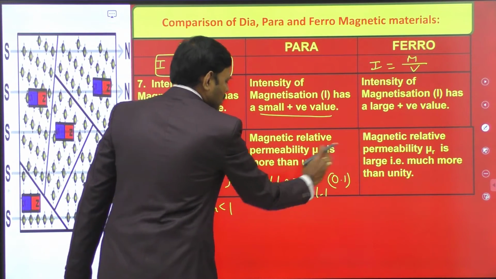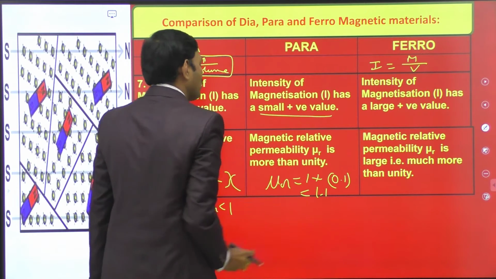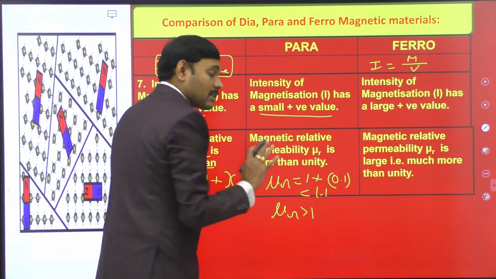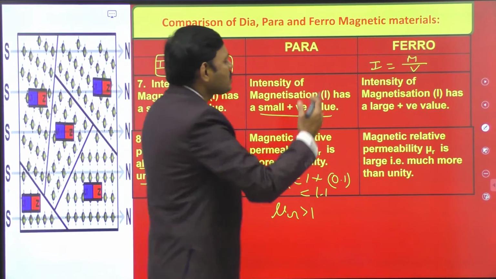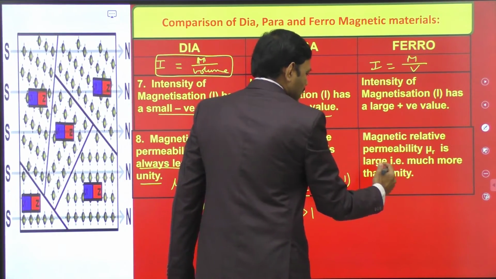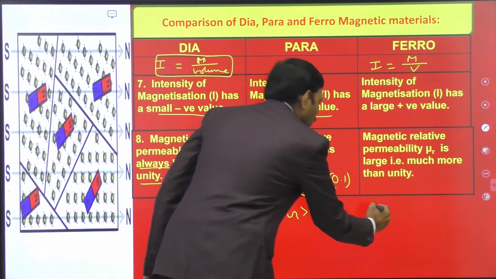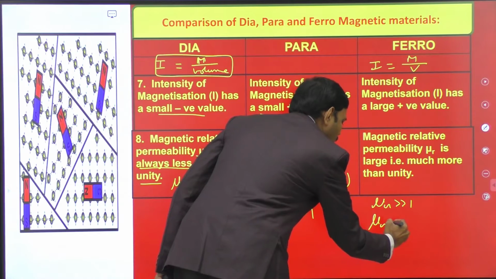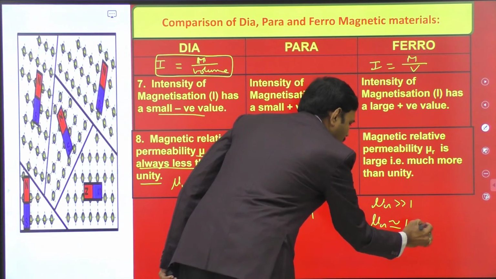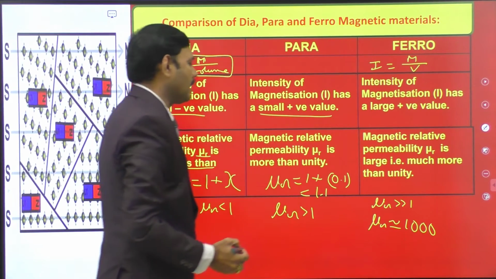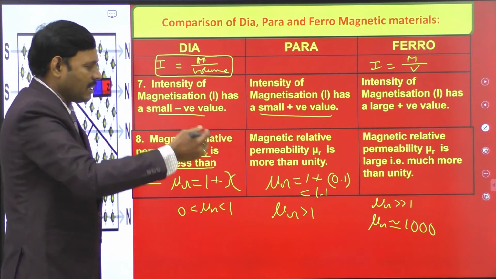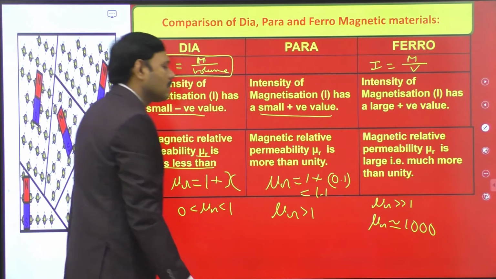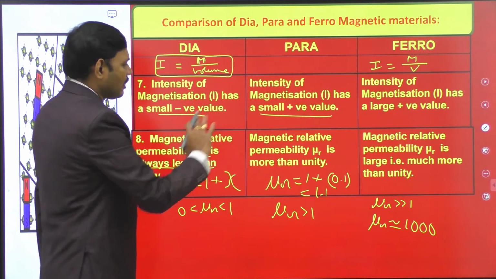We are adding a positive decimal to 1 to find relative permeability, so it must be slightly greater than 1. For ferromagnetic substances, already explained that the Xi value is around 1000, so mu r is very much greater than 1, in the order of 1000 for iron, cobalt, nickel. Obviously mu r is also in the order of 1000.